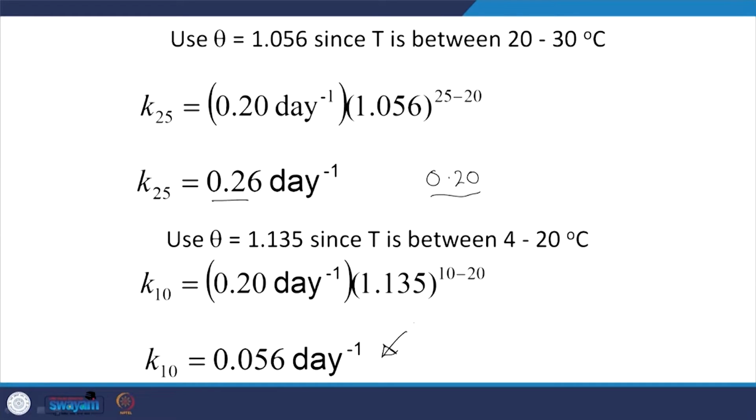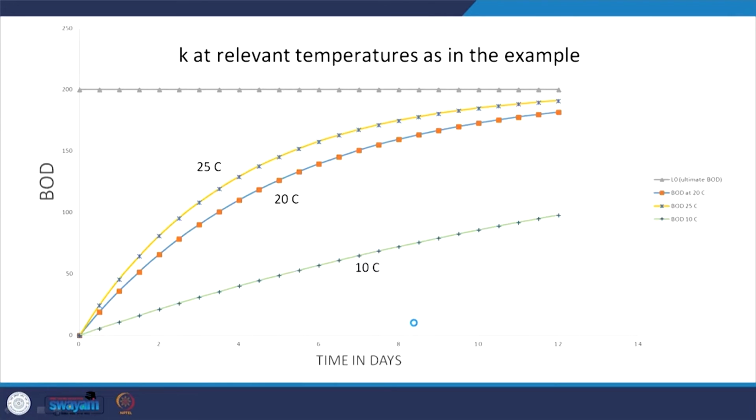I think I have a graph out here. So, L naught, the ultimate BOD, is 200. At 20 degrees centigrade, this is what we have. I think I took a 0.2 rate constant. At 25 we see that it did increase, but not by a lot, but there is an increase.